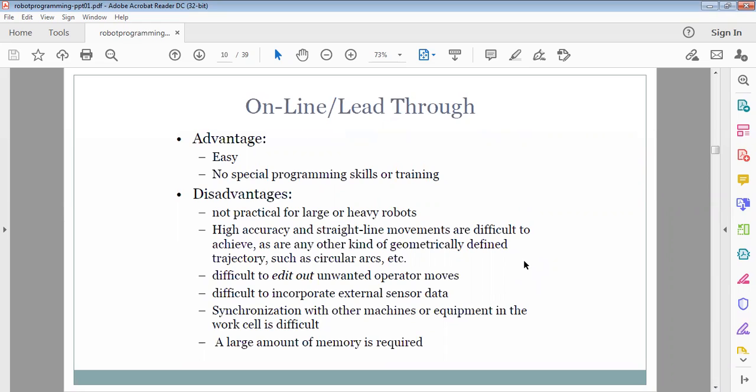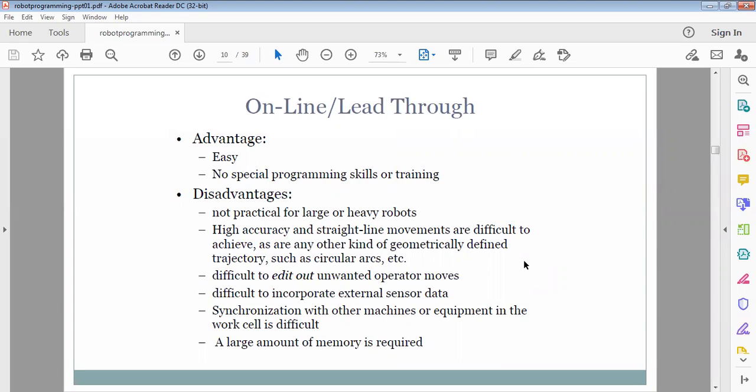No special training is required for the person who will write the lead through program. Okay, so a layman can also guide or instruct the industrial robot. For this kind of programming, no special skills, no special training is required.